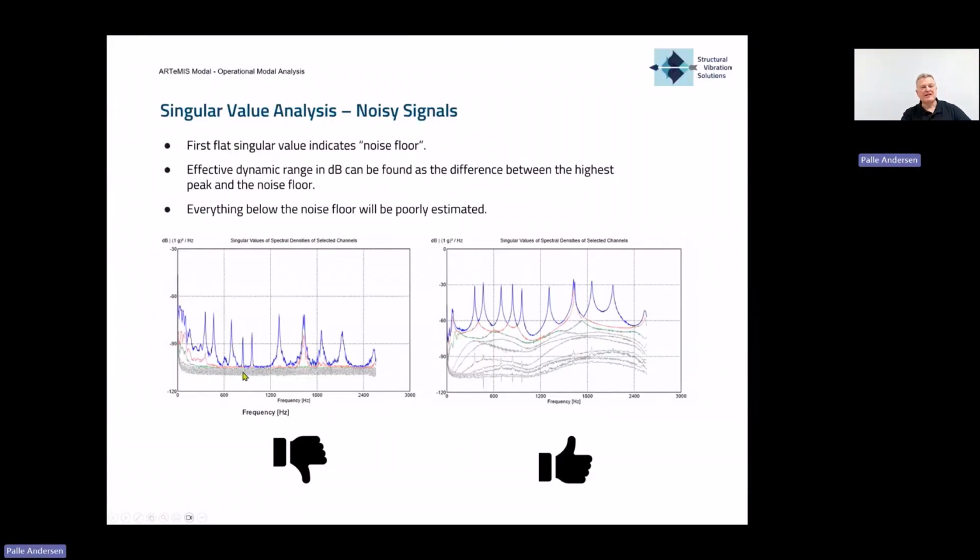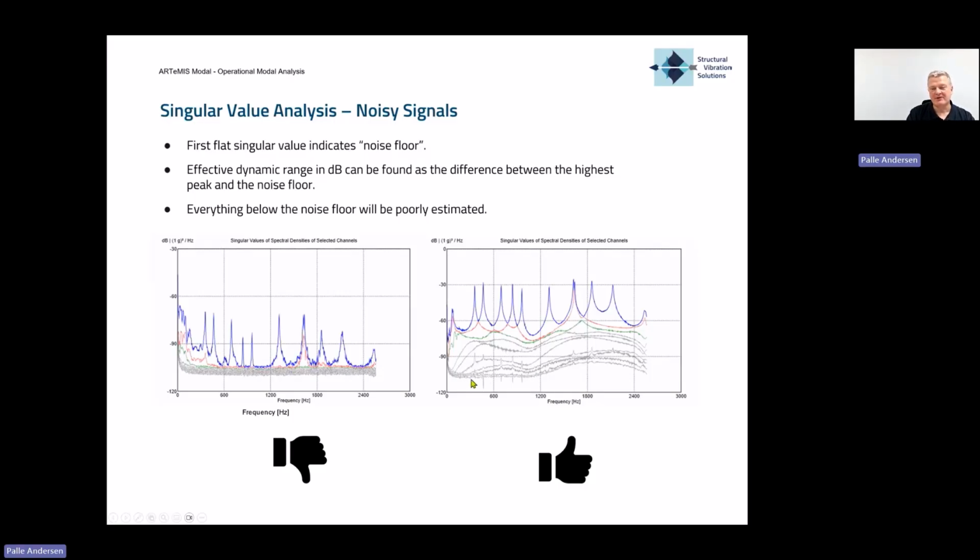But when it looks like this, it means that you have a noise floor that is really high compared to where the dynamics of the structure is actually located. So the difference between the highest peak and the noise floor, where the flat part starts down here, is not a lot of dBs. Maybe there's only 30 dBs here or something. It's not enough. If it looks like this, it's going to be difficult to analyze.